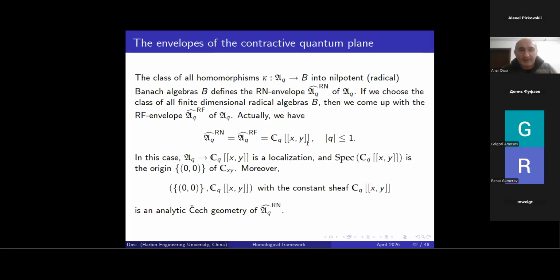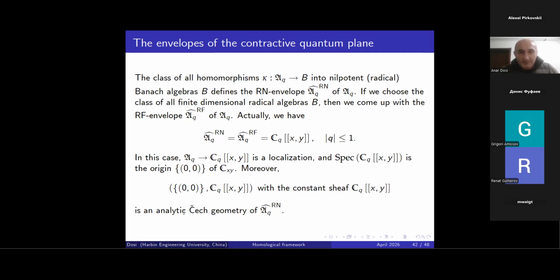This creates another envelope. Well, in our case, these two envelopes are the same. It's just the algebra of formal power series. The actual result is true when Q is less than or equal to 1. Yeah, in this case, it is a localization. Spec consists of a single point.